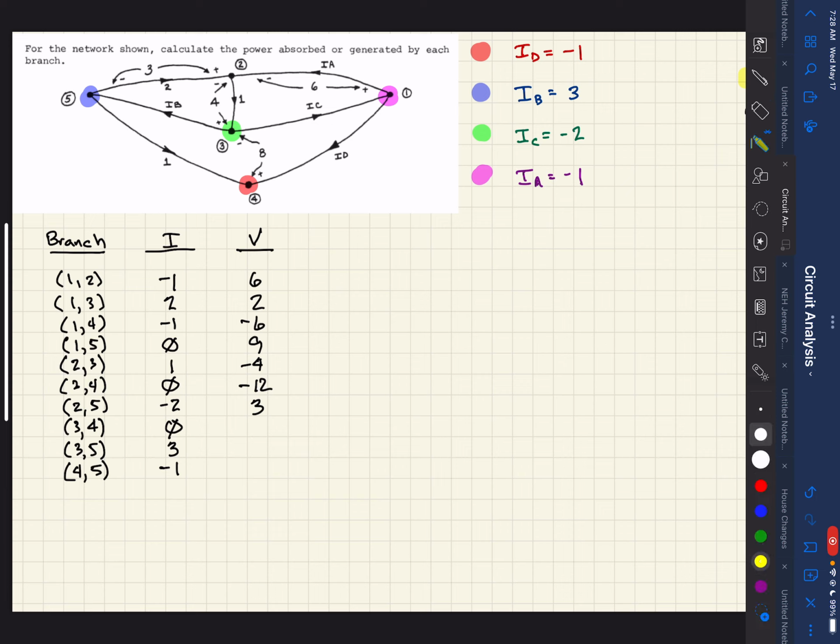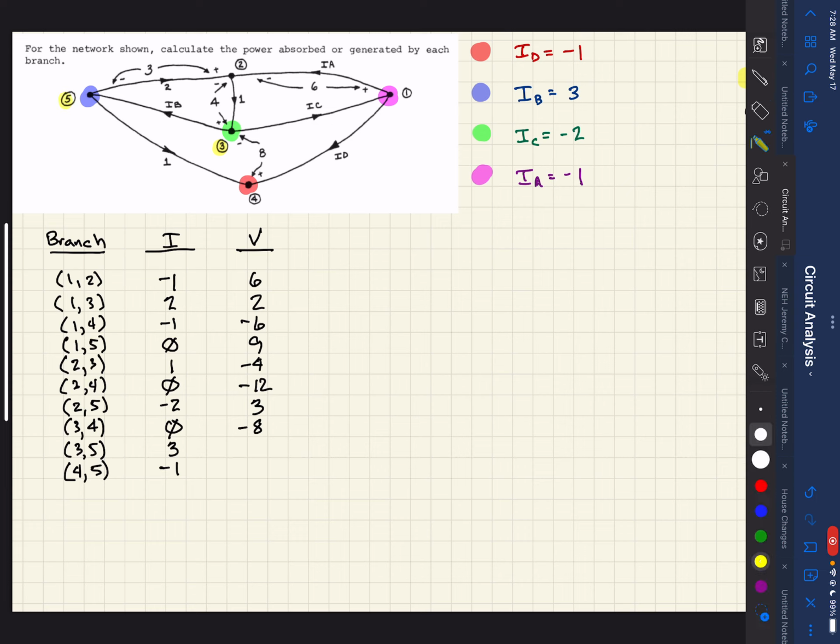So now we want to go to node 3, and we look between 3 and 4. And again, that one's given to us directly. So it's a -8 because we start at 3, and there's a negative sign at 3. That's how we determine the sign. And then next we're going to go between 3 and 5, which is here.